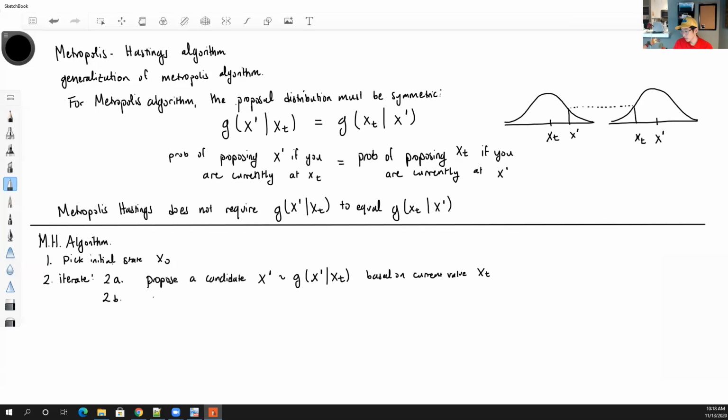Okay, and then calculate the acceptance probability, which we've been calling p move.